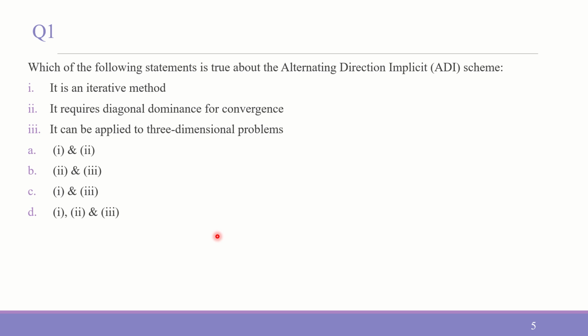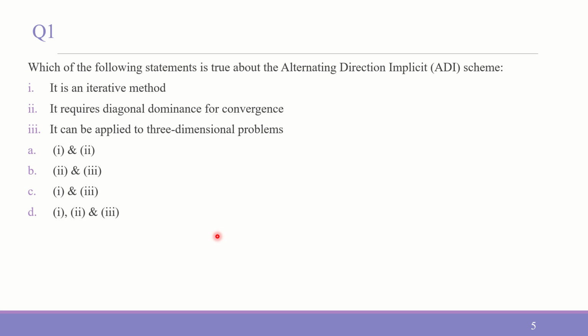The first one is stating that alternating direction implicit is an iterative method. So that is true because we are keeping one part of the equation as implicit and the other part as explicit, and we are solving.